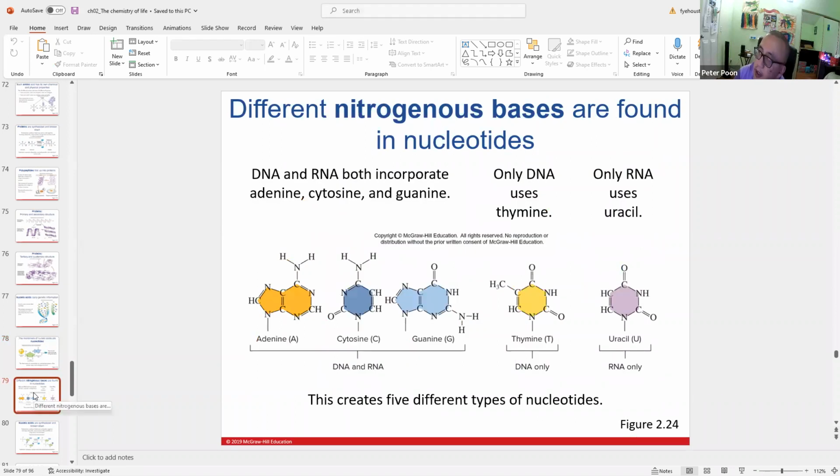Nitrogenous bases are found in different nucleotides. All DNA and RNA have A's, C's, and G's, always. DNA also has T's. RNA does not have T's, RNA has U's. We'll learn much more about the rules of DNA and RNA in a later chapter, but just introduce the concept.